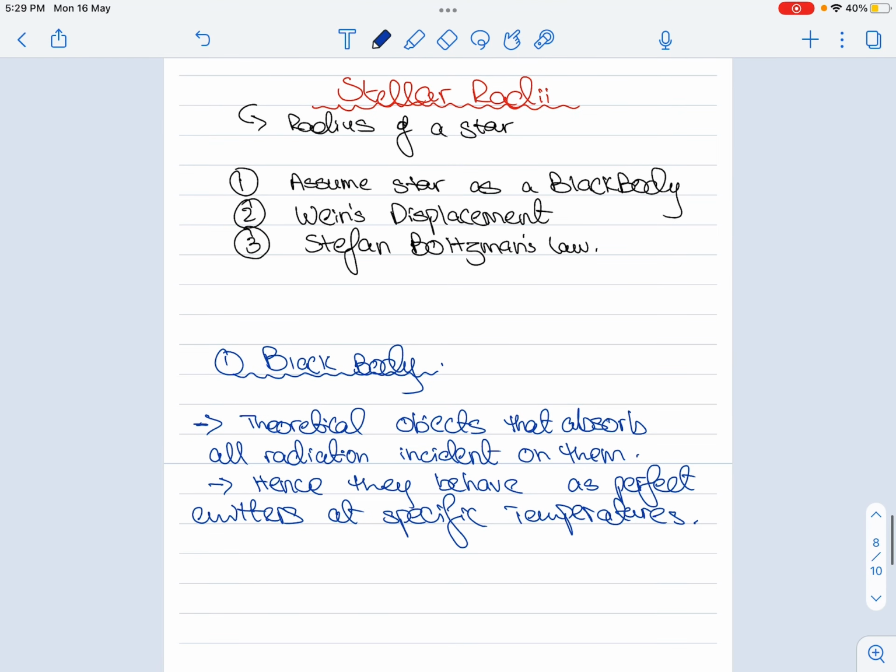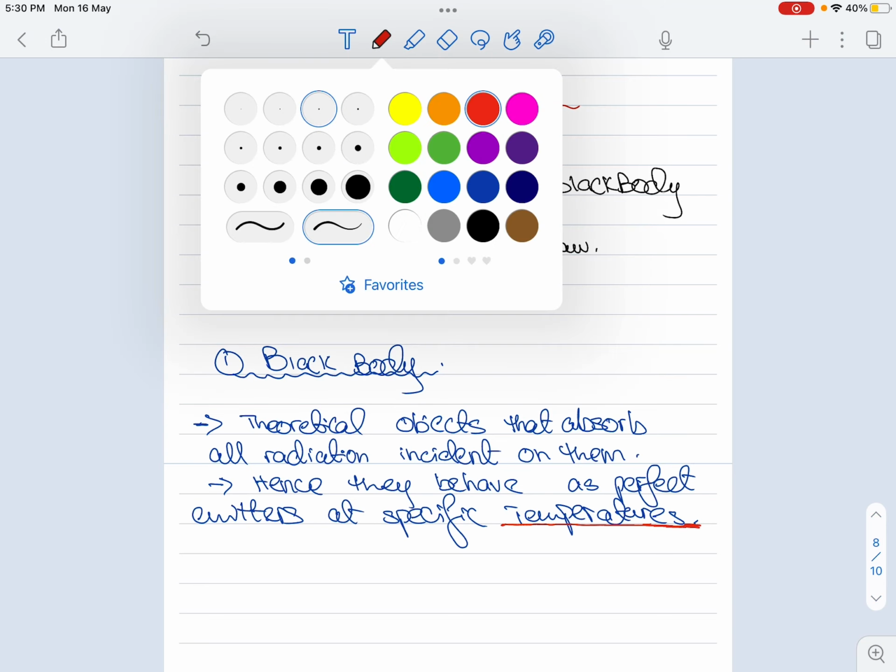So this is for the ease of us who are trying to calculate the radius of a star, right? So stars are not actually in real time fully black bodies, but we consider them to be black bodies so that we can calculate the radius easily. So that radius is an approximate. It's not very accurate, right?